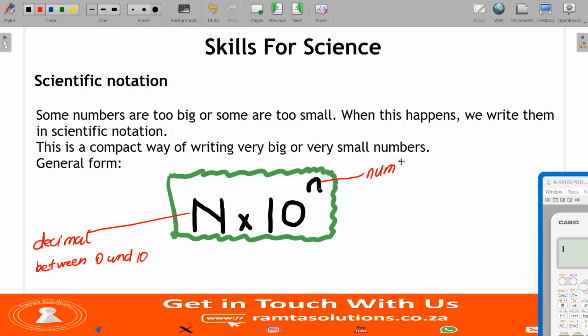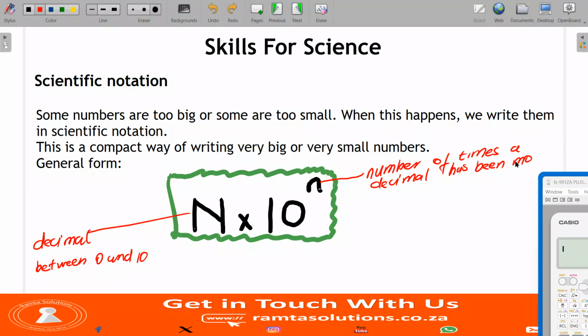By the way, don't be surprised, I have a calculator here which I have hidden, and you're going to see me use it shortly.